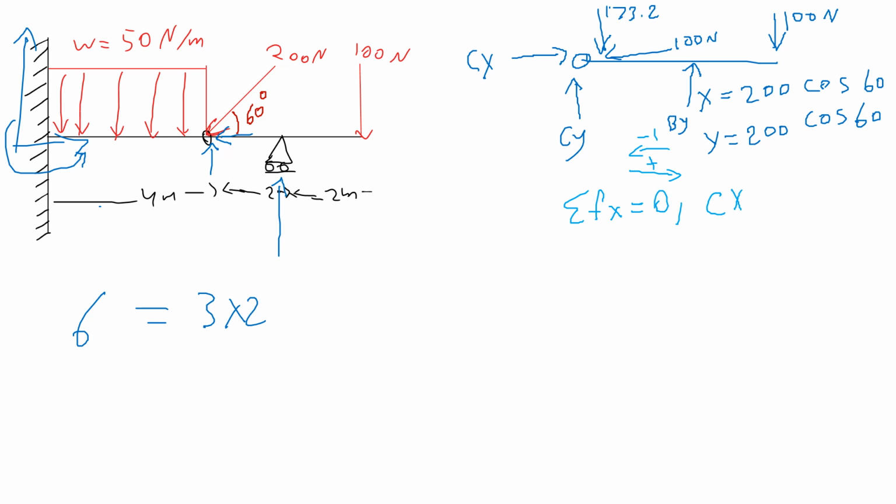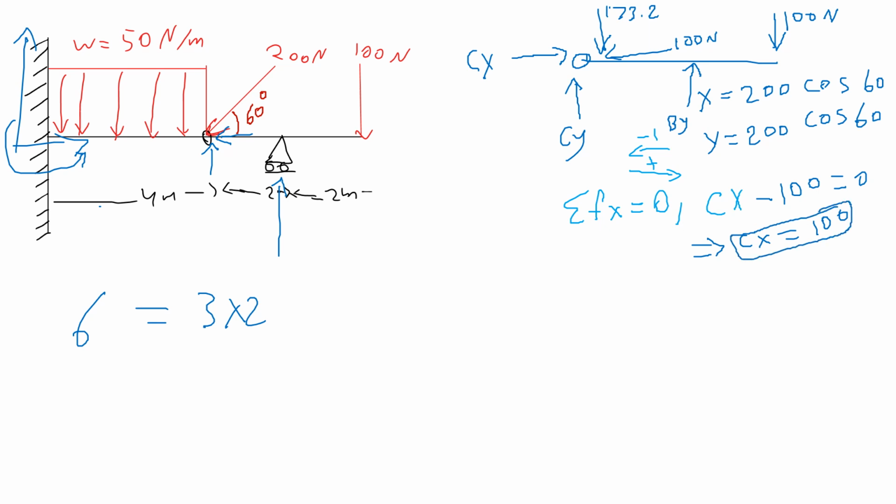Okay, and I have only two forces in the x-axis, which is this one and this one, right? The Cx and the, so it's going to be minus, because of what we assumed, minus 100 equal 0, which gives me the Cx equal 100.